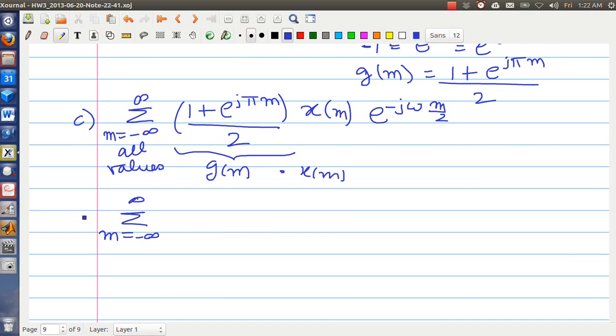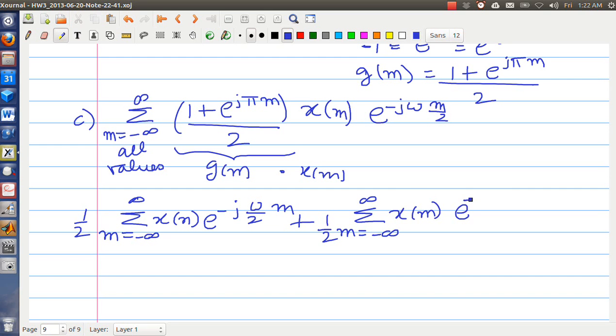So this is just half times the sum of x of m e to the negative j, I'll write it as omega over 2 m, plus half times the sum over m going from negative infinity to infinity of x of m e to the negative j, now it's omega over 2 minus pi, m, right? This is m times omega over 2 minus pi.